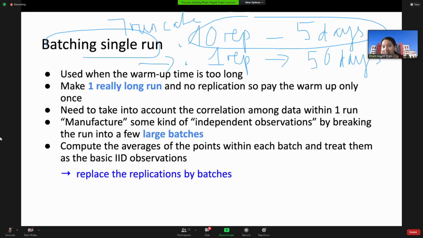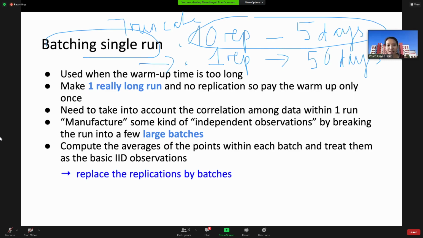Within one replication, our output performance variable will be dependent on one another, so we cannot use the normal statistical equation. That's why we need to run many replications, and each output of a replication will be independent from one another.